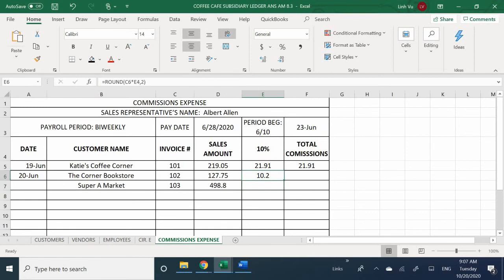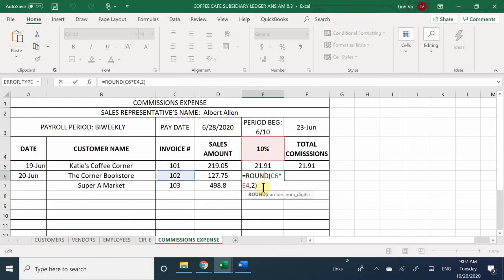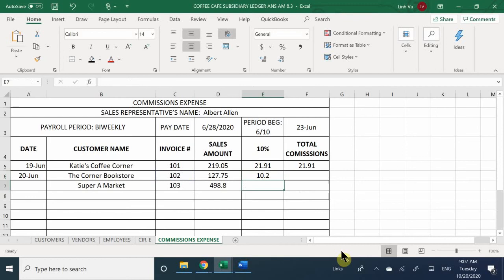Hold on. I just did the wrong number. Let me fix that real quick. How did I get 1002? Yeah, 1278. Yes, let me go equal round.